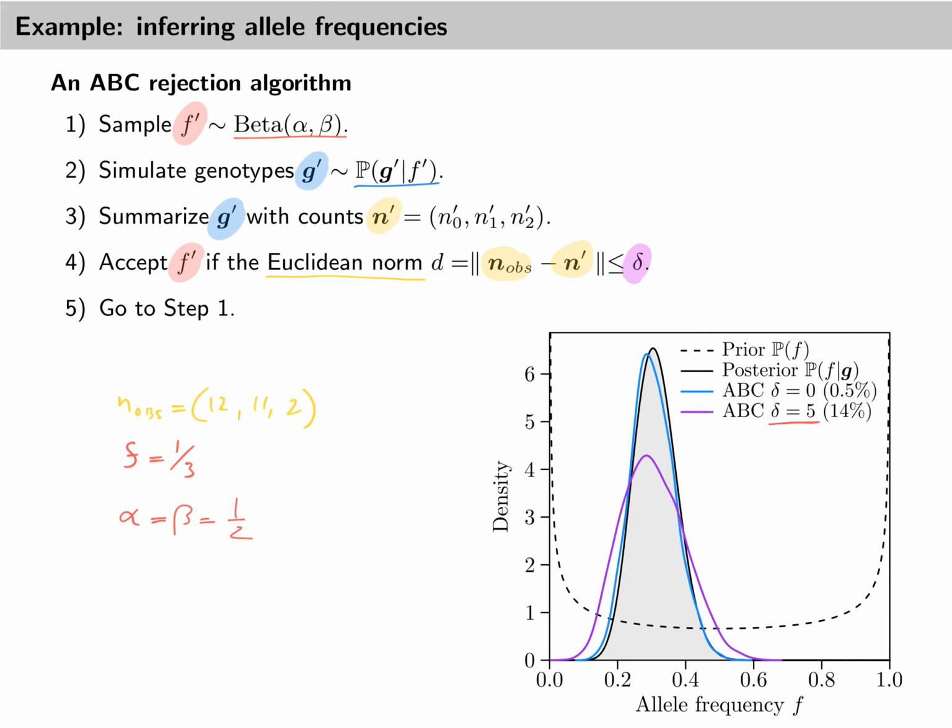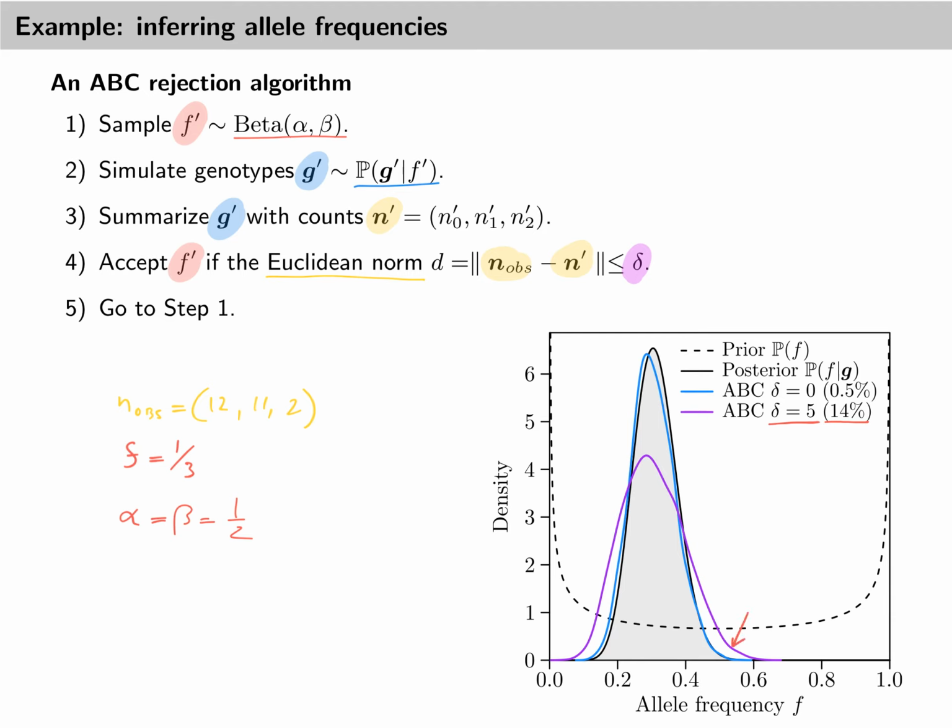That is, we accepted summary statistics vectors that were distant from the observed summary statistics up to a distance of 5. In this case, the acceptance rate was markedly larger, actually 14%. But the price to pay for this increased acceptance rate is that the resulting posterior is a less good approximation of the true posterior. As you can see, it is a tick broader.